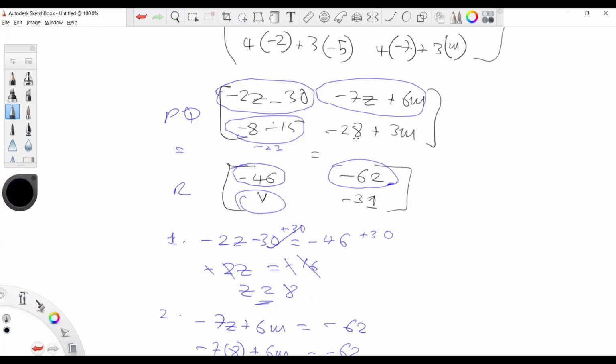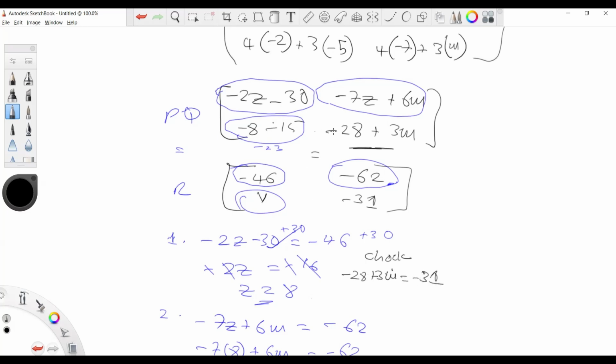If we take one of the ones we haven't dealt with yet, this -28 plus 3w. Now, if our answers are correct, this -28 plus 3w should be equal to -31. We have already calculated w to be equal to -1. So let's check that -28 plus 3w is equal to -31.